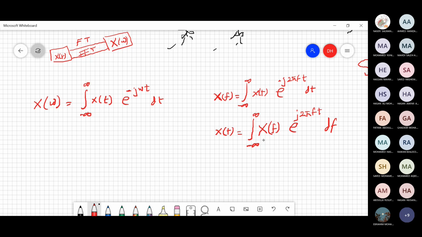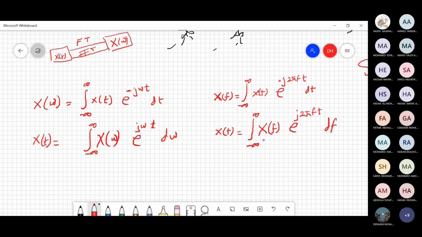Here again, if we have it in terms of omega, then x of t equal to integration from minus infinity to plus infinity, x of omega is given, so e to the power of j 2 pi f, which is equal to omega t d omega. Except one thing here.